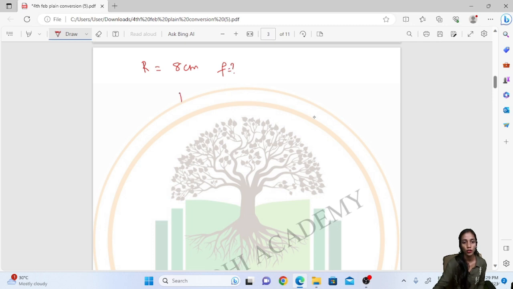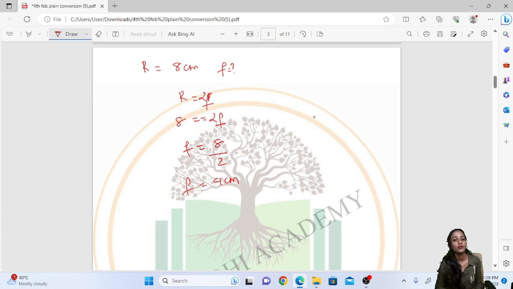You have to use the formula R equals 2f, wherein R is 8, so 8 equals 2f, and then f equals 8 upon 2, which equals 4 centimeter. So if focal length is 4 centimeter, the radius of curvature becomes 8 centimeter. So focal length is half of the radius of curvature.